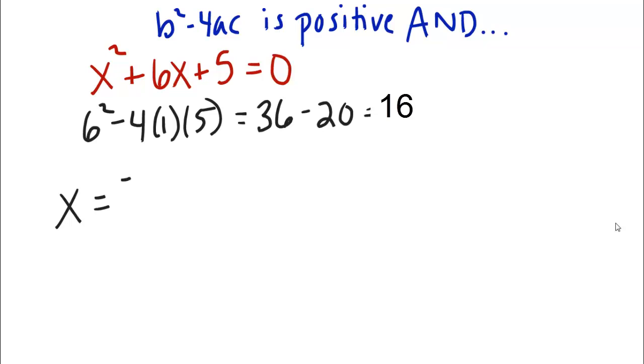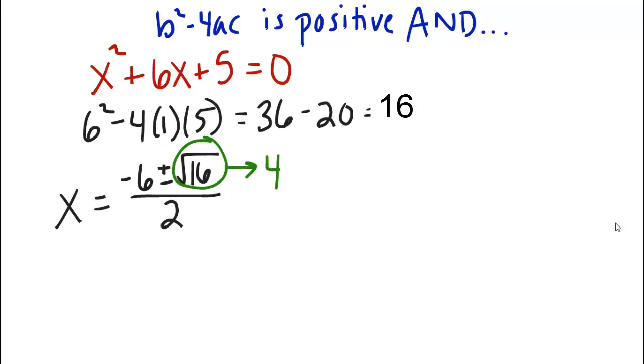x equals negative b plus or minus the square root of b squared minus 4ac all over 2a. We're not done in this case because root 16 is very easily simplified. Root 16 is just 4.